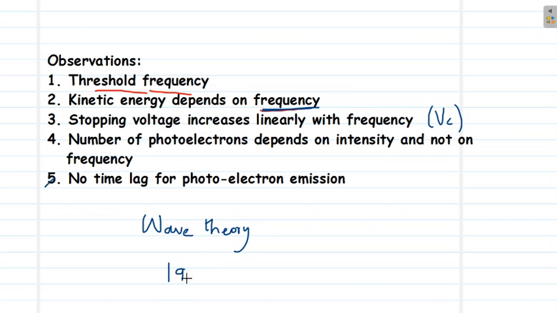And in 1905, Einstein came up with a simple explanation for the photoelectric effect based on Planck's quantum hypothesis. So in the next video, we will understand the photoelectric effect based on Einstein's quantum theory.